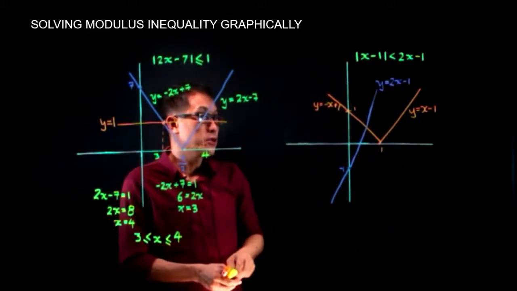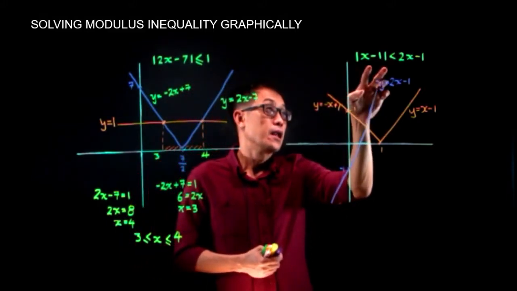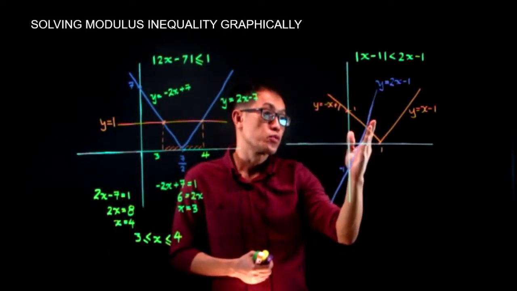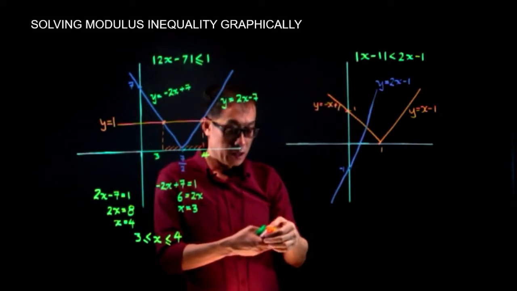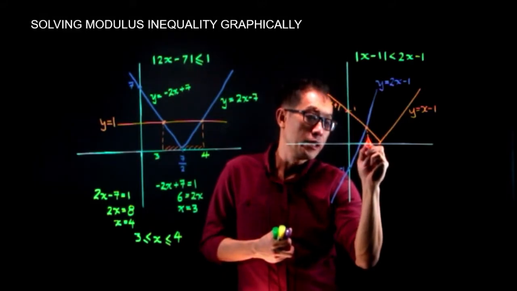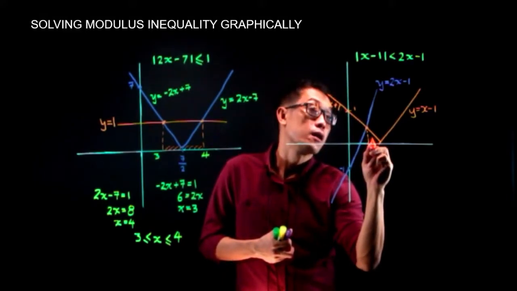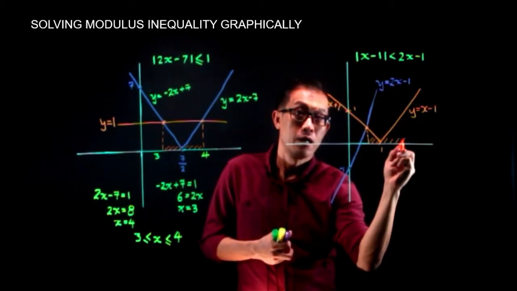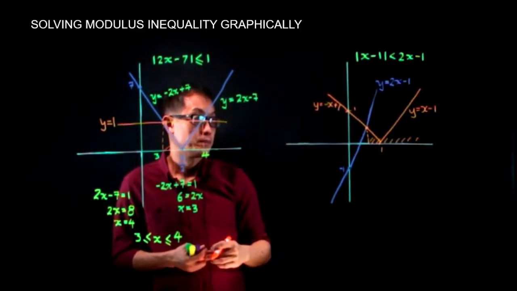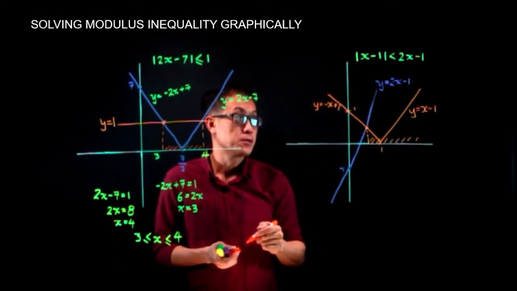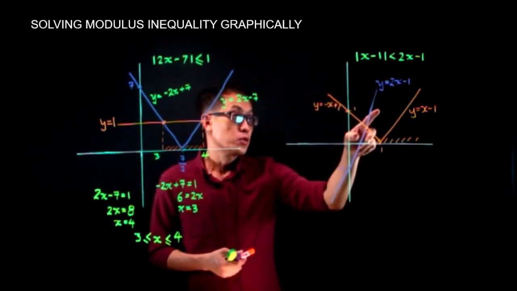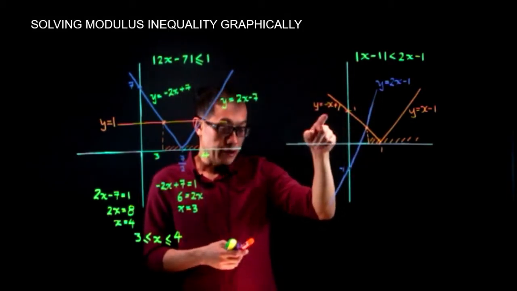Now you want the modulus graph to be less than 2x minus 1. So less than 2x minus 1, it has to fall below 2x minus 1. So the value of x will be here. Now, how to find this intersection point? You equate this graph with this graph here.